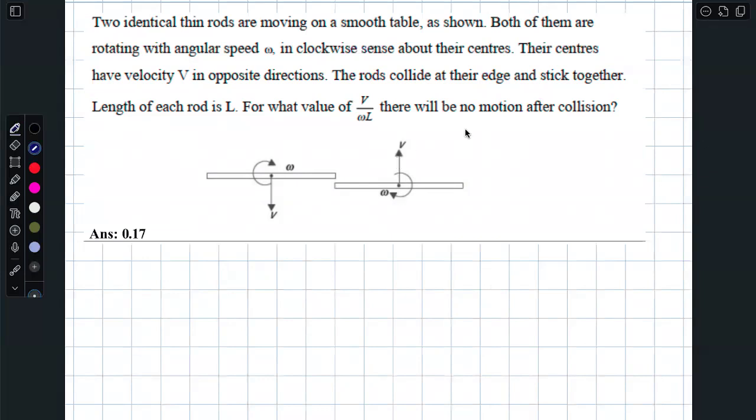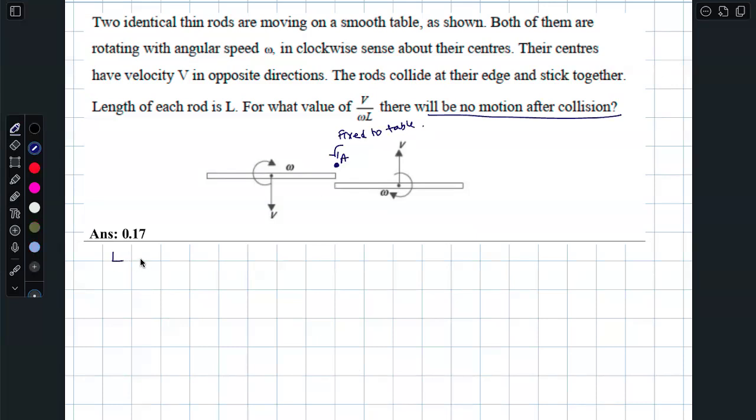There will be no motion after collision. Now, which point do you prefer? This is a point fixed to the ground, fixed to the table. Let this be point A.